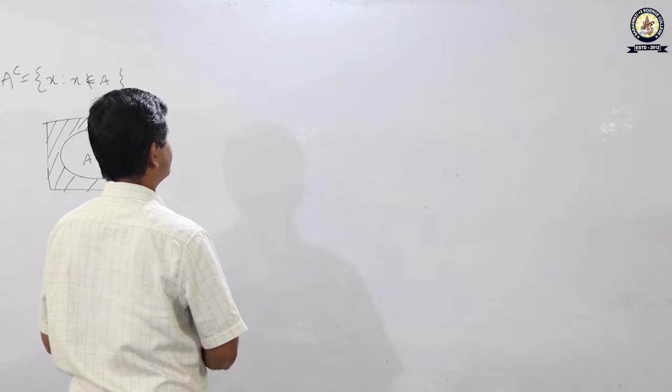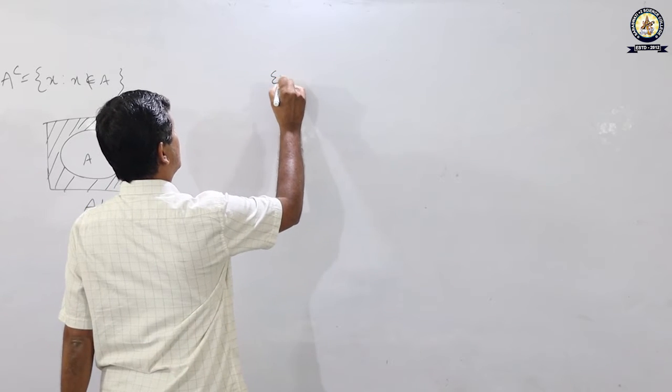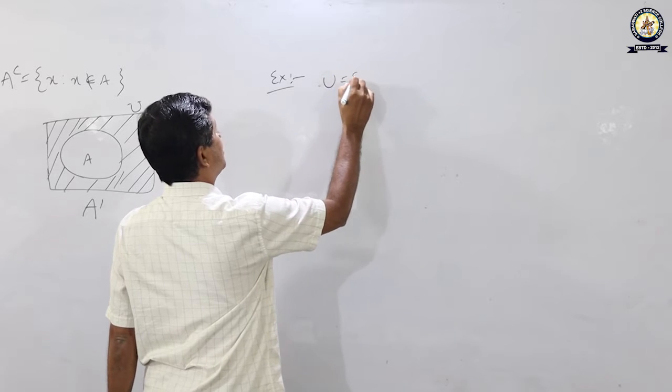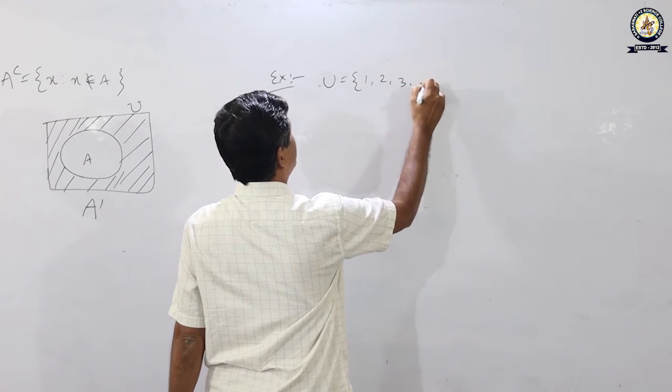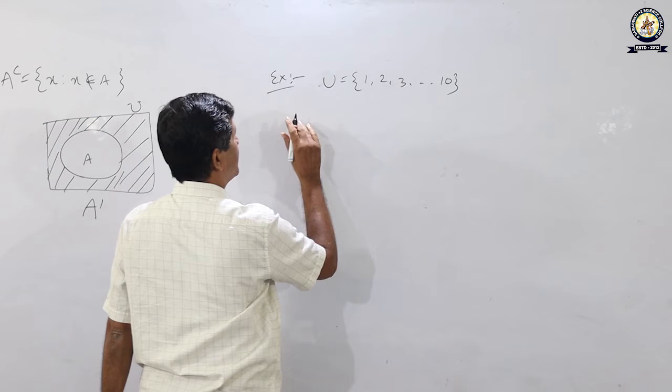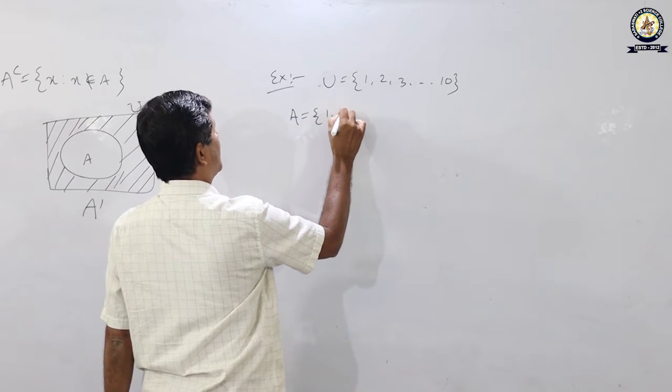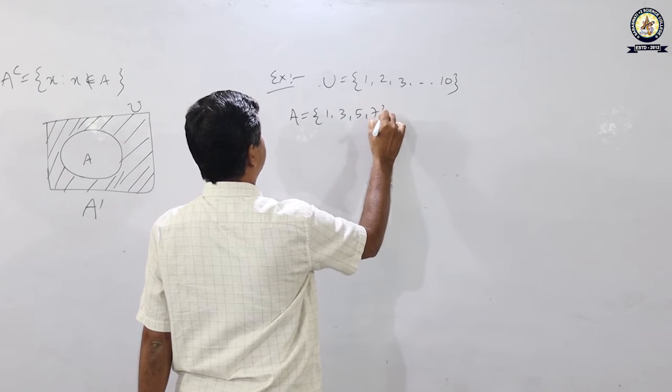Look at the example. Suppose that the set U contains the elements 1, 2, 3, up to 10, only the naturals. Set A contains the elements 1, 3, 5, 7.